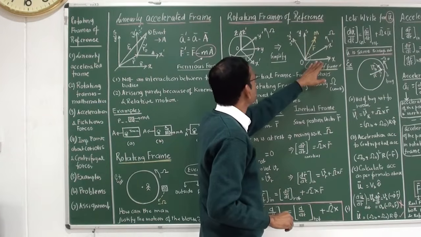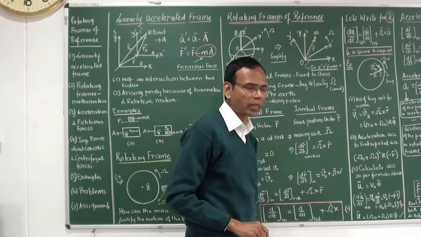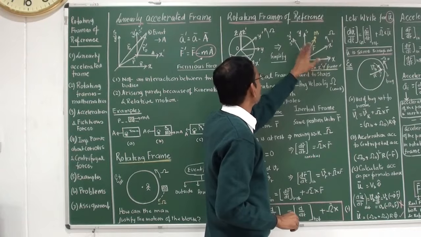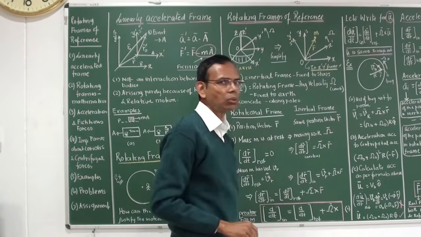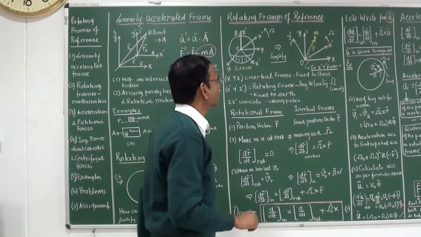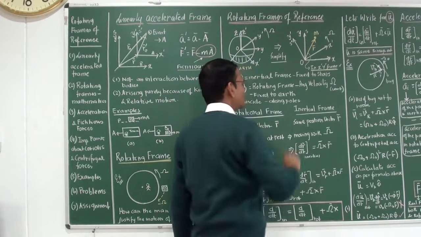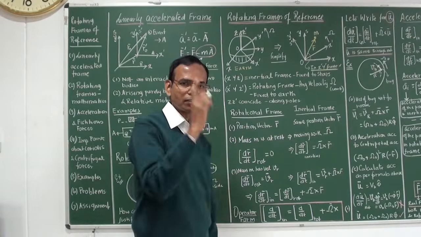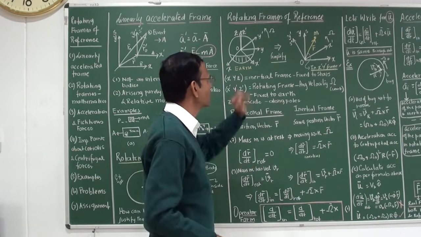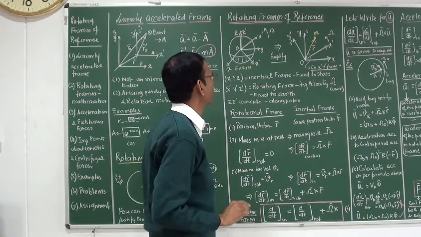So x, y is your inertial frame, and x prime, y prime is your rotating frame, rotating with an angular velocity omega, again about the same origin O and common z axis. The z axis I am not showing over here.